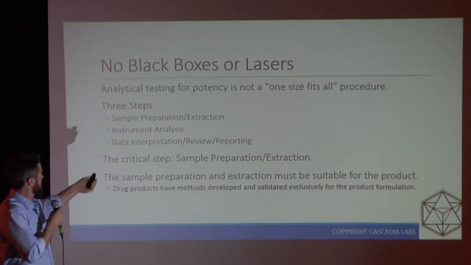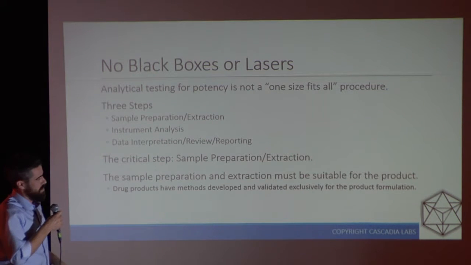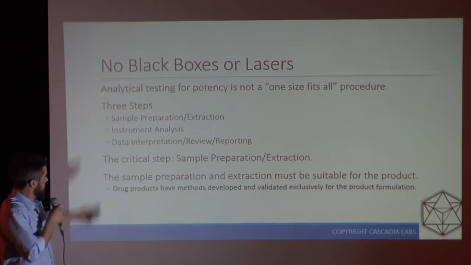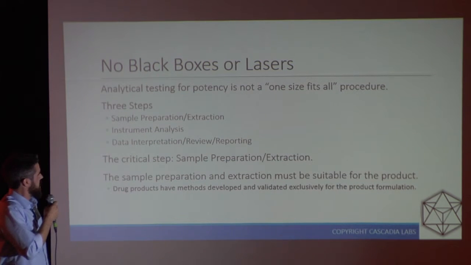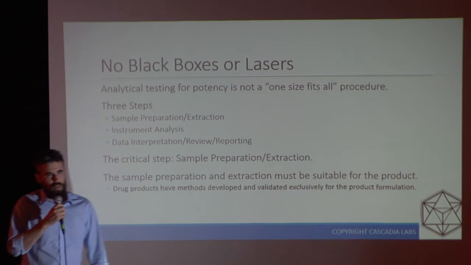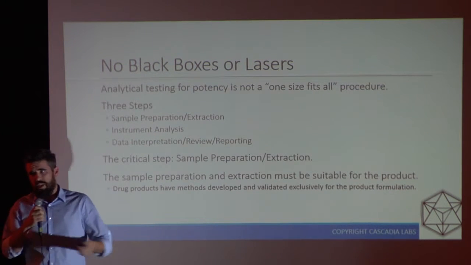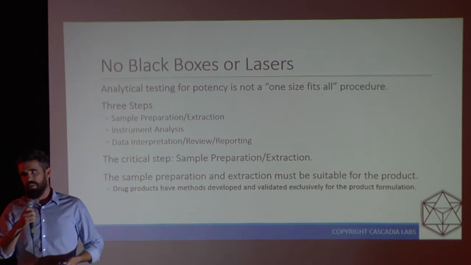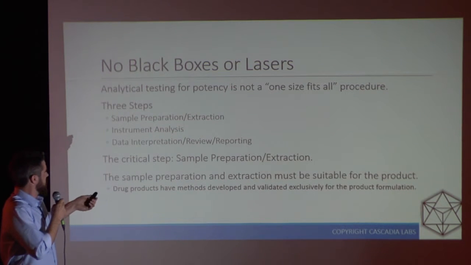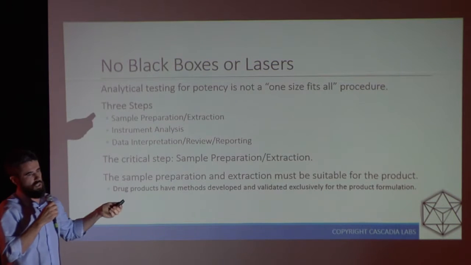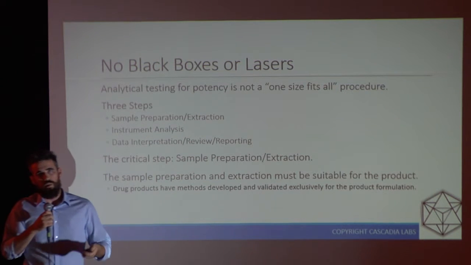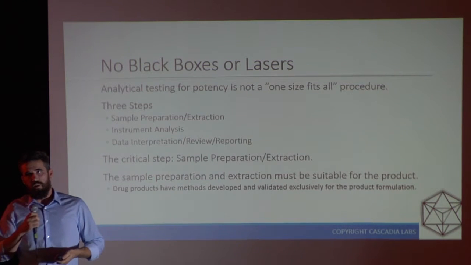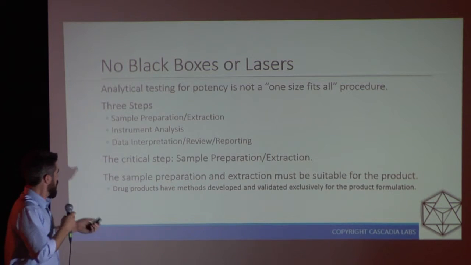It's really the sample preparation that is the critical step, in my opinion. The instrument analysis and data interpretation are very, very important steps too. But in the context of our discussion tonight, we're really looking at the challenges of sample preparation and extraction, and how the different cannabis products present those challenges.